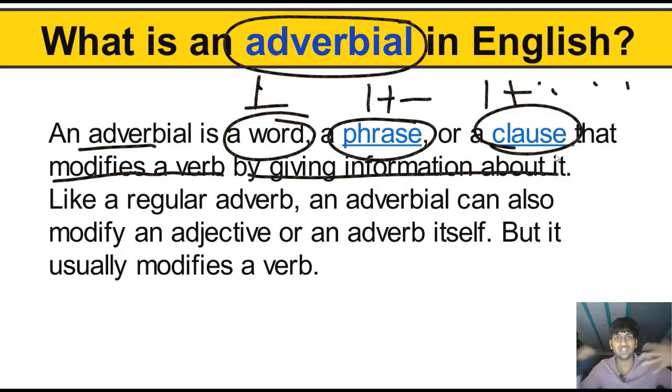So it generally gives information about a verb. But a regular adverb is one word which functions only as an adverb. As a regular adverb, it can modify an adjective and an adverb itself as well, but it often modifies a verb, right? Let's take some examples of adverbials and see what they do.